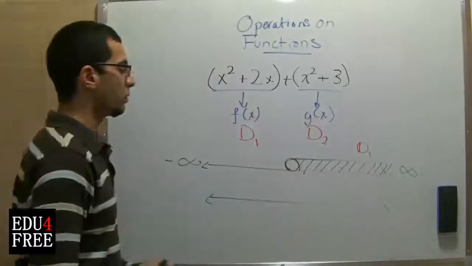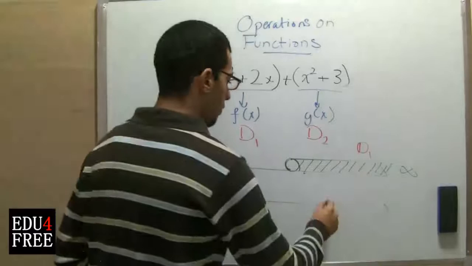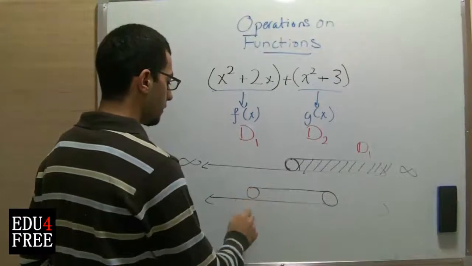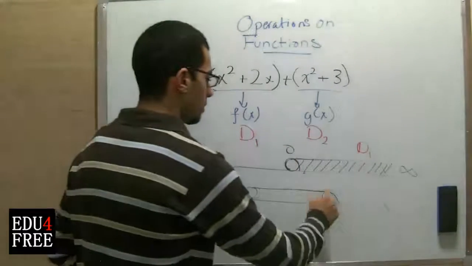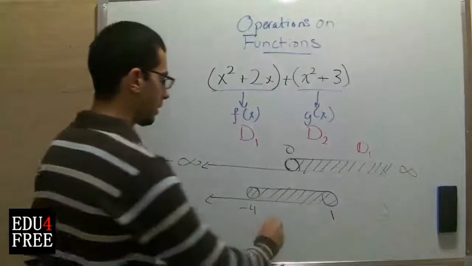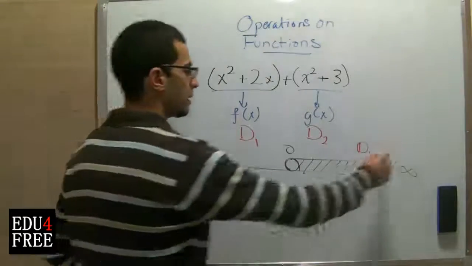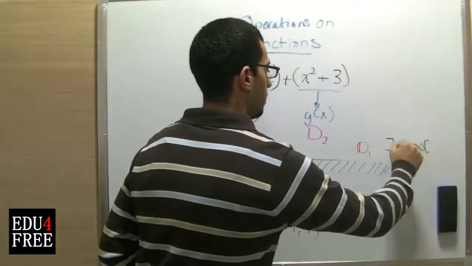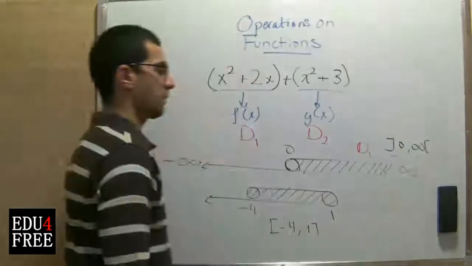And d2 will be, let's say, from negative 4 to 1. So it will include all the numbers from negative 4 to 1. This will be a closed interval. And this will be half open, or open from not including the 0 to positive infinity.